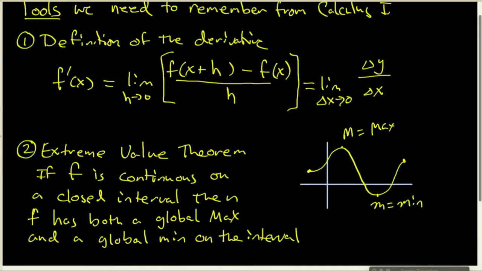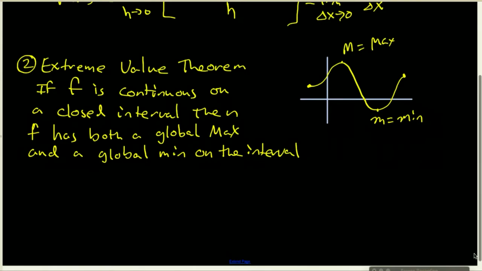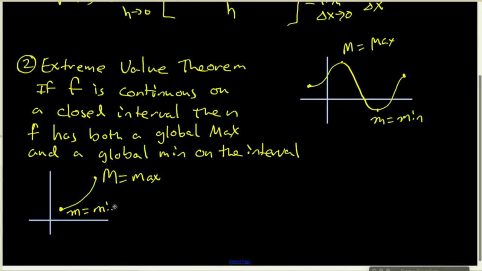It's also important to understand that the global max and the global min might occur at one of the endpoints. In other words, if we happen to have a function that is always increasing on my closed interval, then the maximum is always going to occur at the right-hand endpoint, and the minimum is always going to occur at the left-hand endpoint.